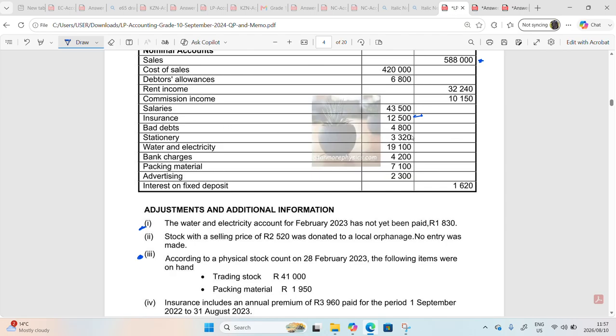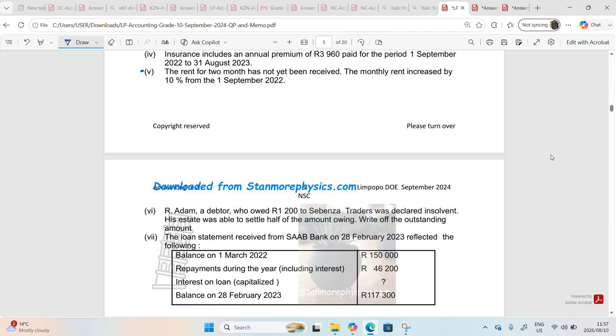Bad debts, guys, 4,800 from the trial balance, but we have the second last Roman figure, an item: a debtor who owed 1,200 to Sebenza Traders was declared insolvent.